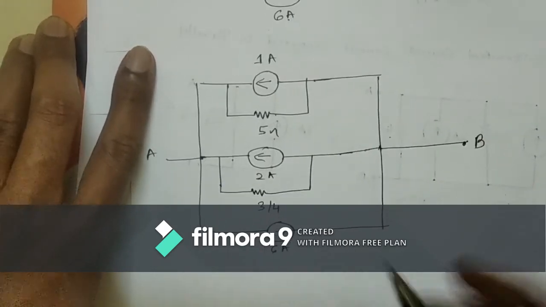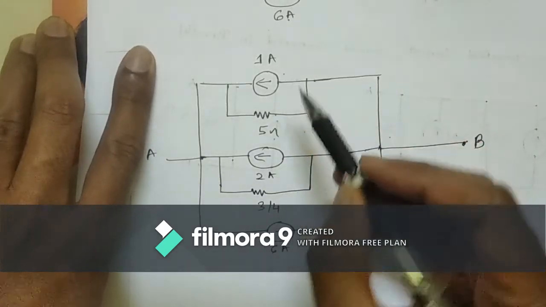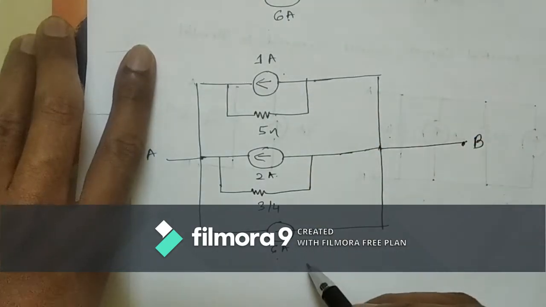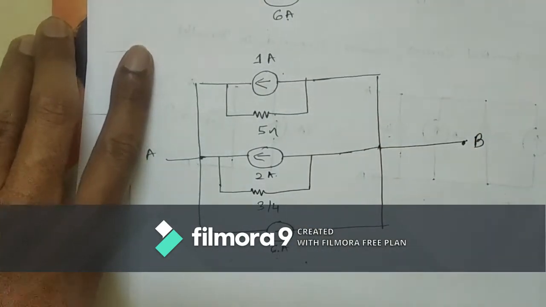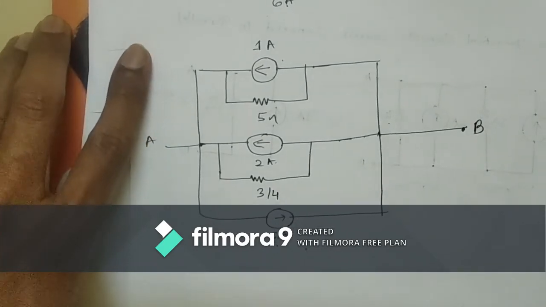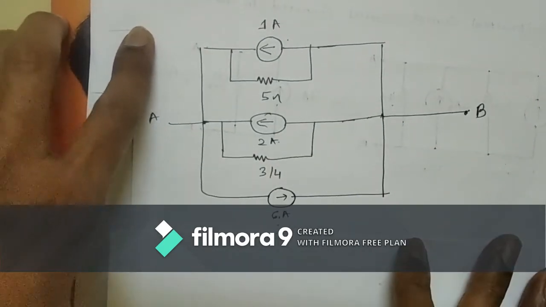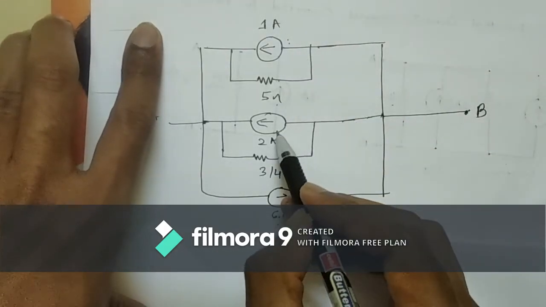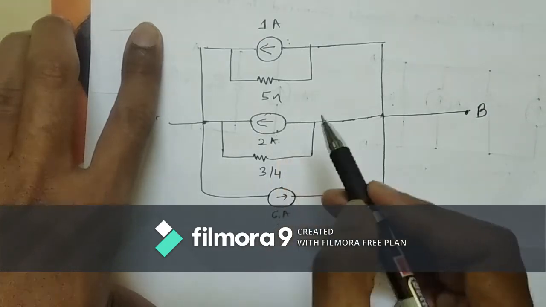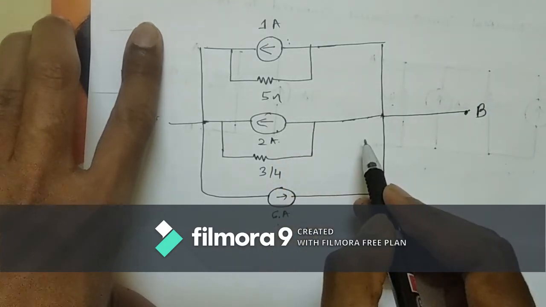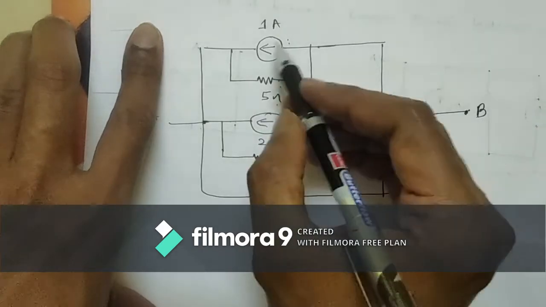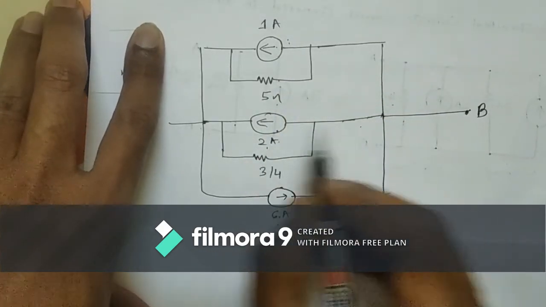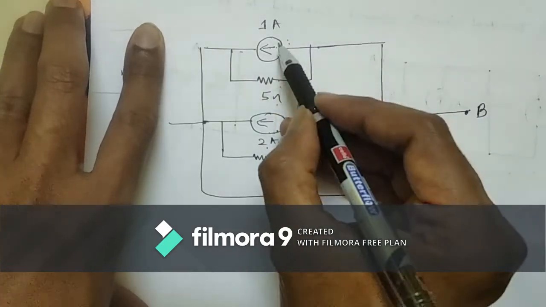Now you will have 3 current sources, 1 ampere, 2 amperes, and 6 amperes, in parallel, and you can reduce these current sources. If I calculate the net current, this 1 ampere and this 2 amperes are flowing from right to left, so the direction of both these sources is the same.